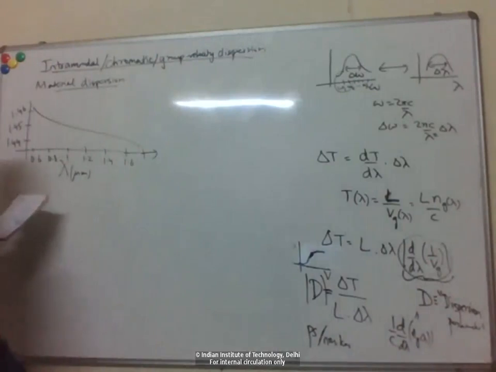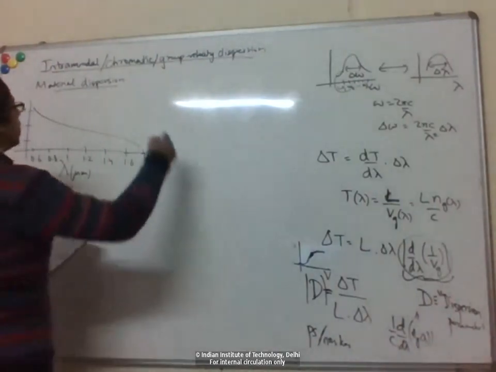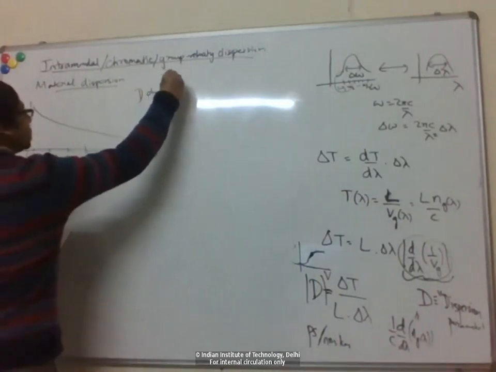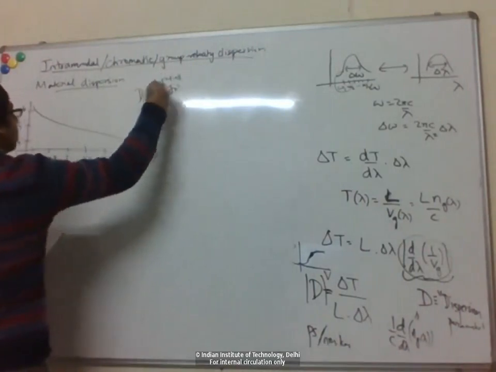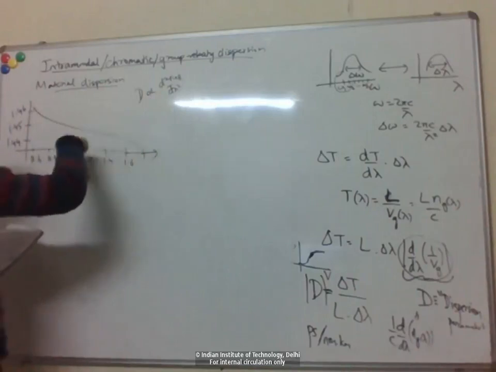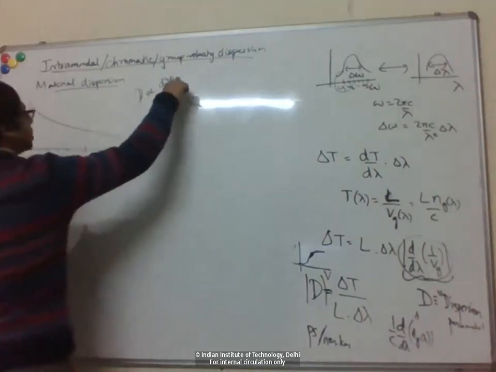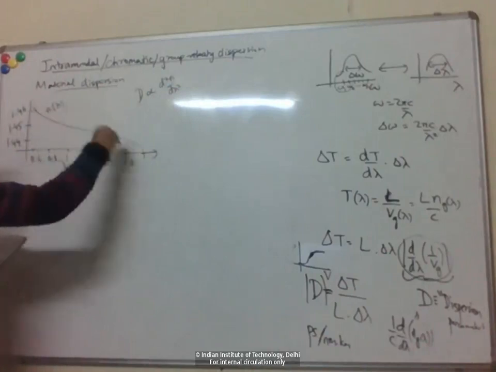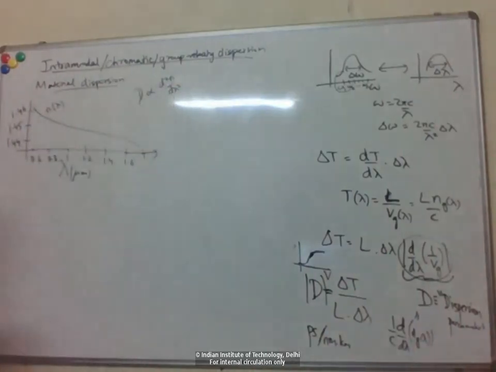Okay, and basically, again, D was, recall, proportional to the second derivative of the material refractive index. So the first material contribution was just this, the second derivative, right?